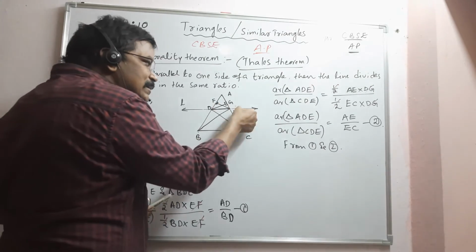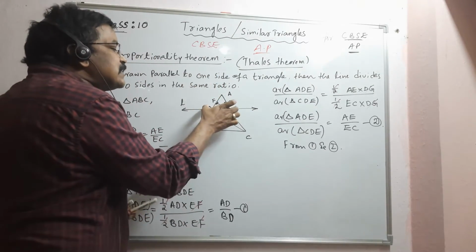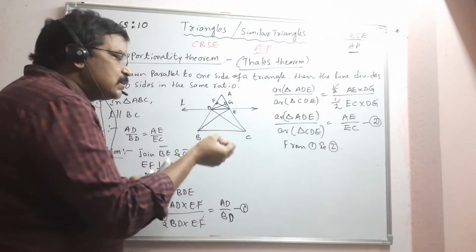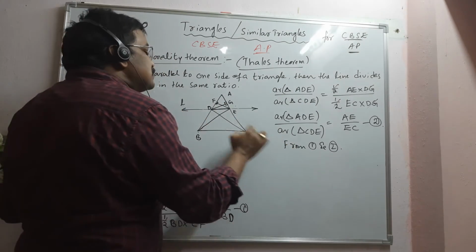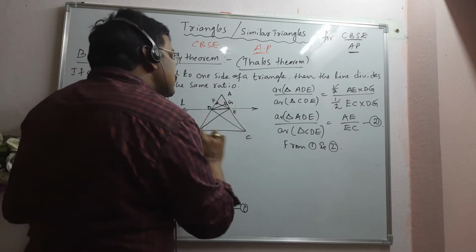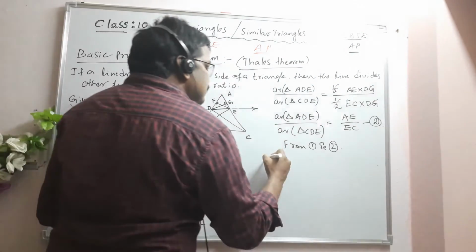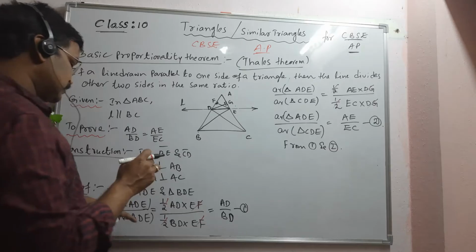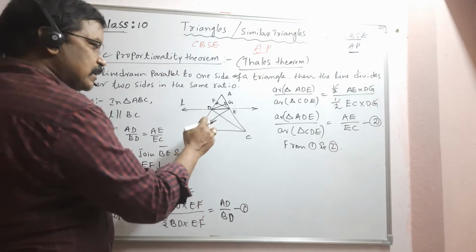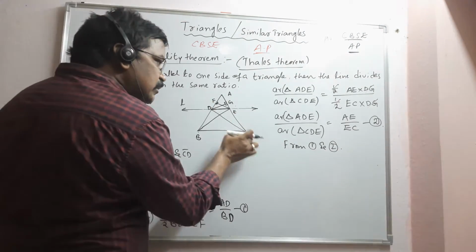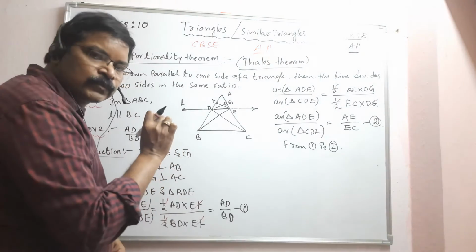DEB and DEC having the same base DE and between the same parallels. What are the parallel lines here? DE parallel to BC. Therefore, you can say that area of triangle BDE is equal to area of triangle CDE.